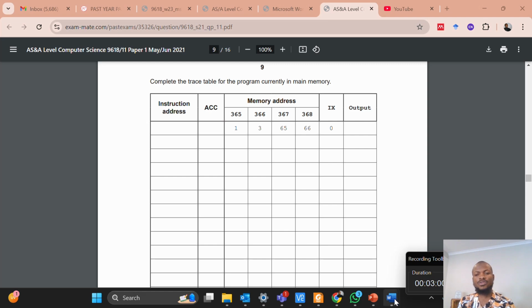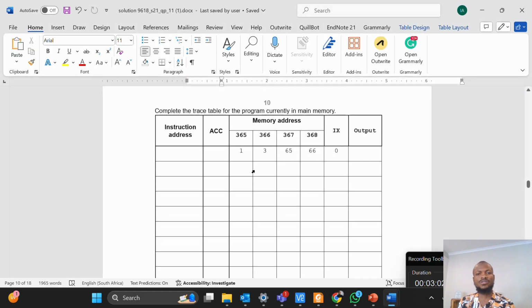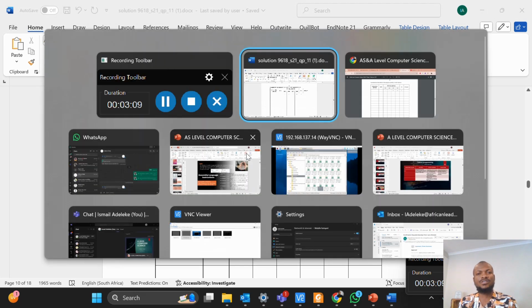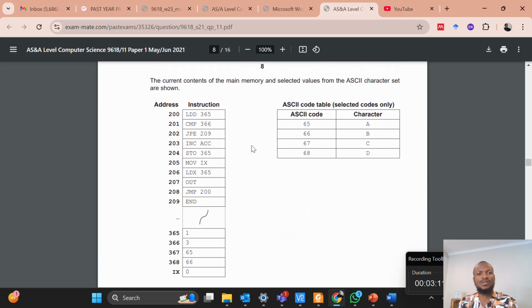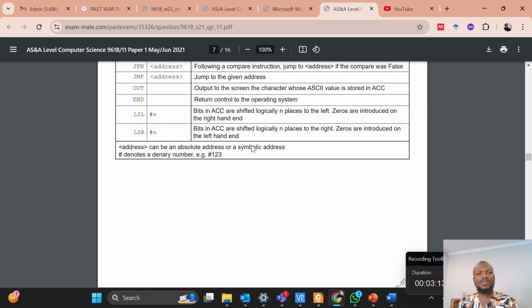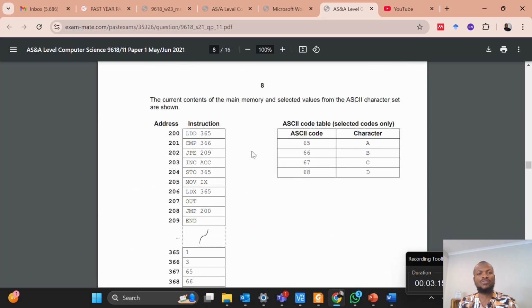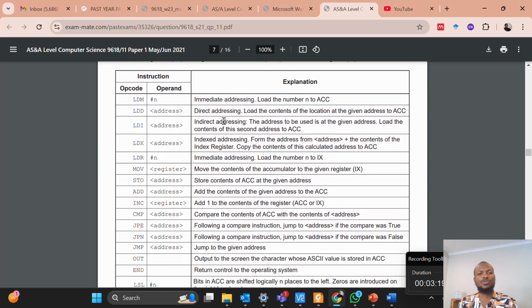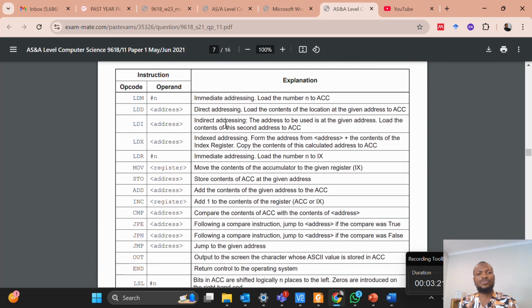I will use this Word document and answer in this table. I follow the question from here, and whenever I see it, I go to the instruction table to understand how to solve it, then I solve it in this Word document.